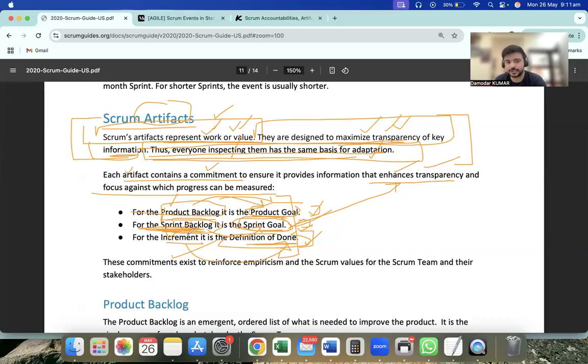The third one is for the increment, right? For the increment, it is the definition of done. So the increment is again an artifact, and the commitment here is the definition of done. So let's understand what an increment is. The increment is the sum of all completed product backlog items during a sprint. So we have a sprint.